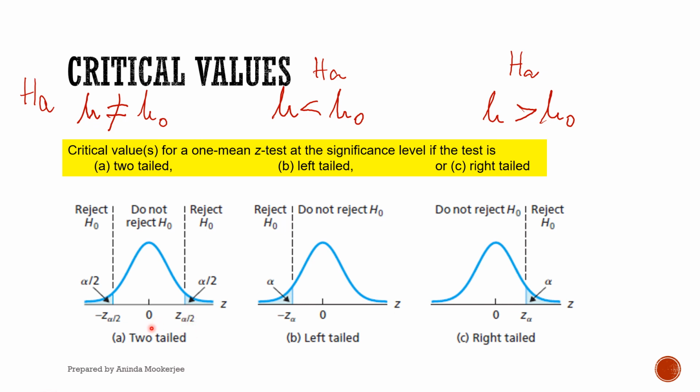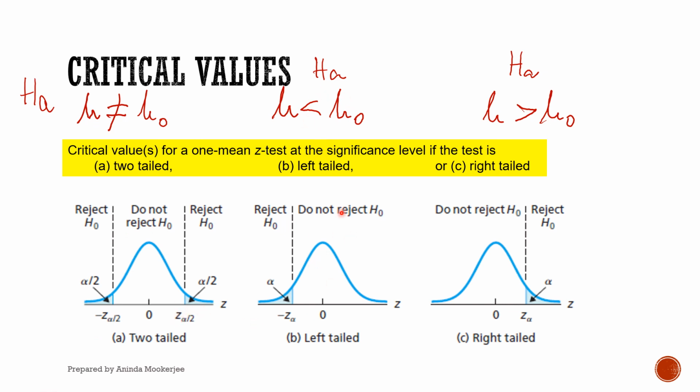Because all the z values to the right of 0 are positive values, and all the z values to the left of the center point 0 are negative values. So when you find your z values, make sure if it is on the left-hand side, you write it as a negative value, and on the right-hand side, as a positive value.